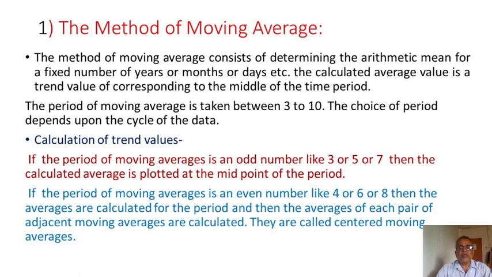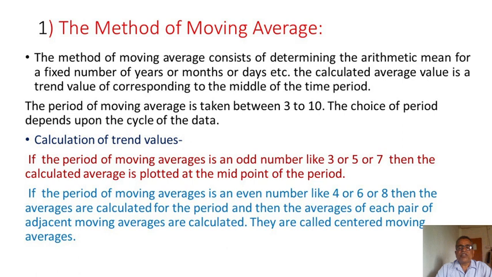If the period of the moving average is an even number like 4 or 6 or 8 and so on, then the averages are calculated for the period, and then the average of each pair of adjacent moving averages is calculated. That means, as above, we calculate the sum of the values of the given period.